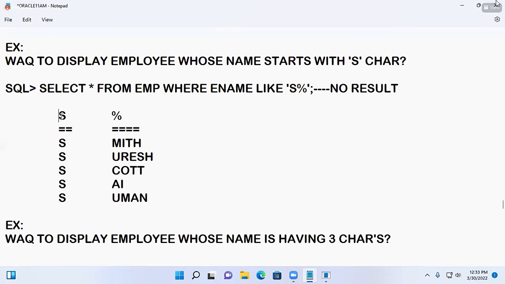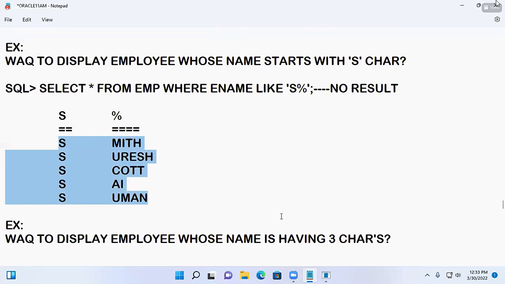Now tell me, in these names, which employee name is having 3 characters? Sai. So Sai is one person. Suppose other people are there, suppose other people's names also have 3 characters, their spellings are different.